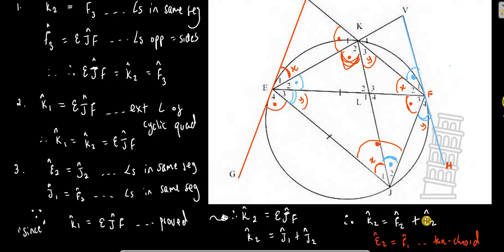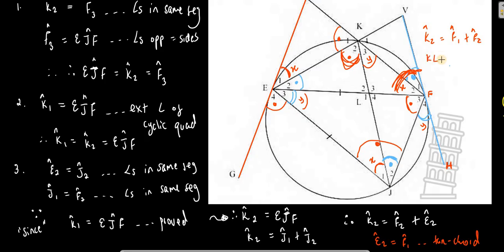Because E2 and F1 are equal, that means angle K2 is equal to F1 plus F2. So in the end, I just wanted to prove that K2 was equal to F1 plus F2. And since I have proved that, what does that mean?